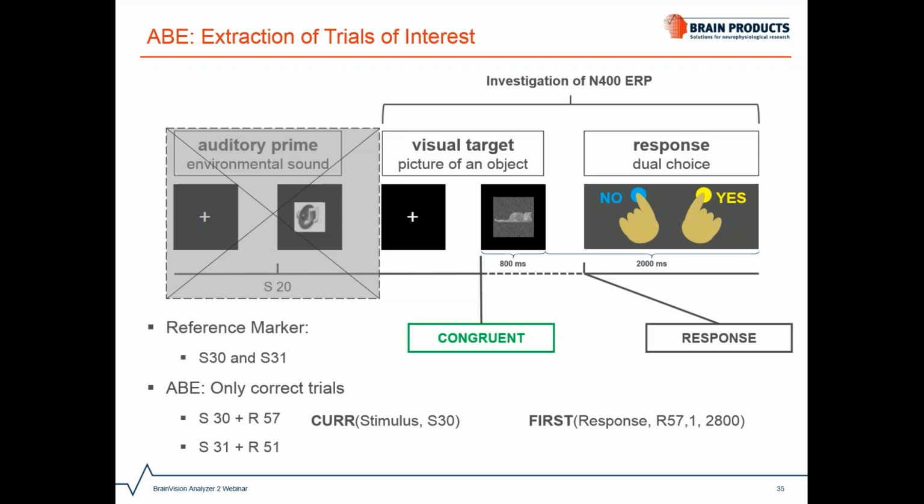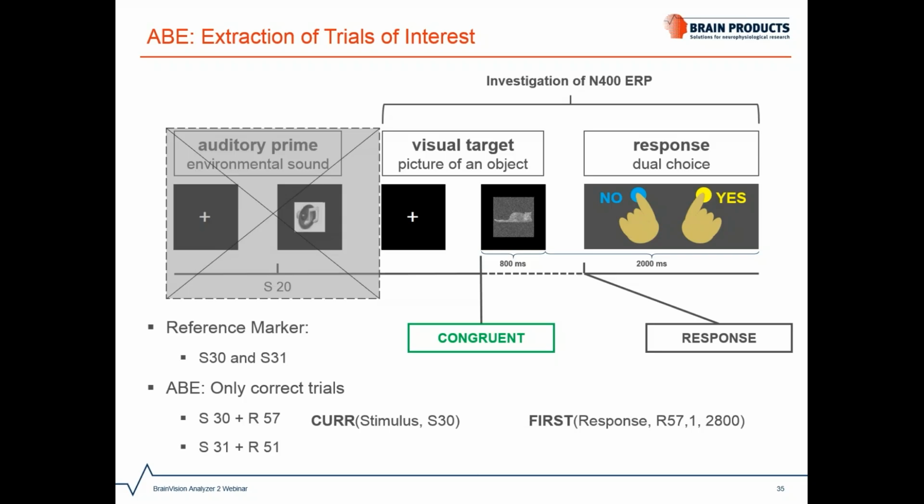In some ABEs, not in all though, it can happen if you choose 0 that the reference marker would also match the search criteria, and this might lead to faulty trial selections. I suggest therefore to start the search window at a data point after the reference marker. It doesn't have to be 1, it can also be 5 or 10 or whatever. So a little bit later, but early enough so you capture all responses. And here I will capture all of them because it covers the whole response period.